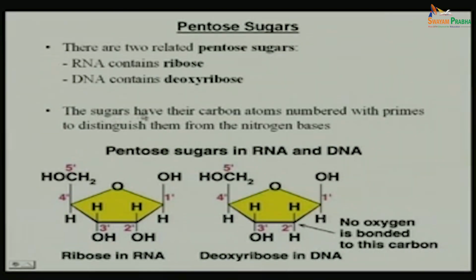The sugars have their carbon atoms numbered with a prime to distinguish them from the nitrogenous bases, and to carbon atom number 1 the nitrogenous bases are attached. This is the major difference between the ribose sugar and deoxyribose, the 5-carbon sugars of RNA and DNA.